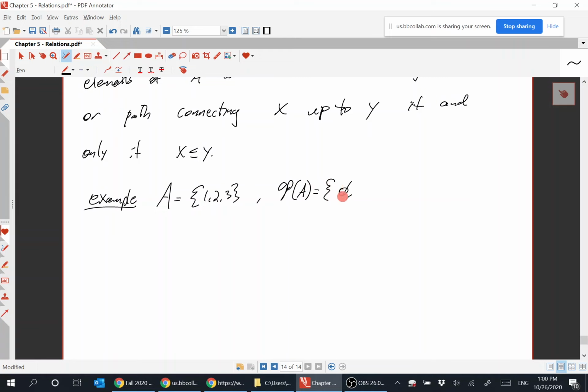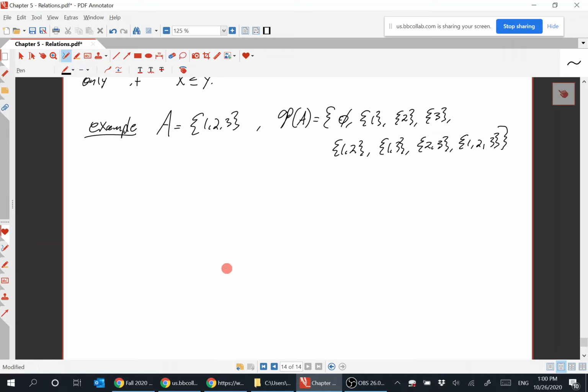There's the empty set, right? 8, 2 to the third. There's the set containing just 1, the set containing just 2, just 3, {1, 2}, {1, 3}, {2, 3}, and {1, 2, 3}, A itself. So it looks like this, the Hasse diagram.